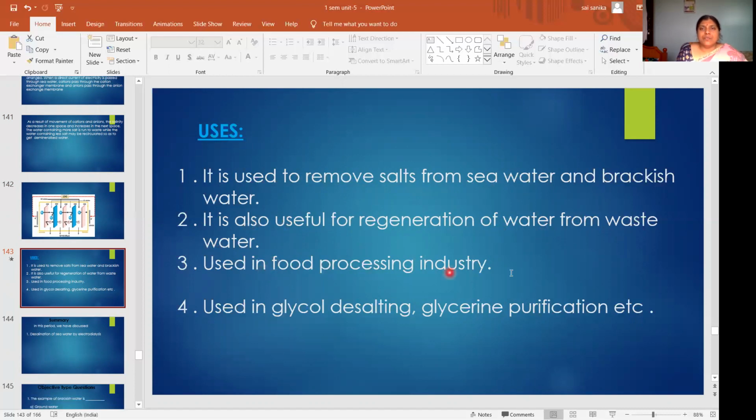Then it is used in the food processing industry, the same as reverse osmosis.